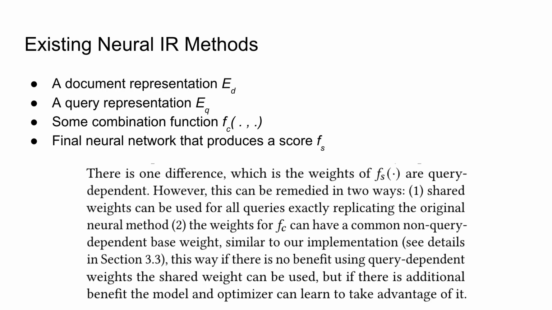But if there is additional benefit, the model and optimizer can learn to take advantage of it. So this goes back to this idea that we had that theta hi that gets added on to that h hat sub I, and that theta hi is like some average or some universal query independent weight that represents some kind of basic information about what queries contain in general.